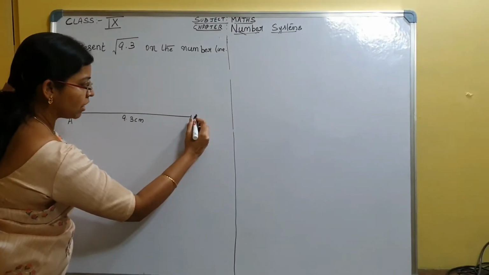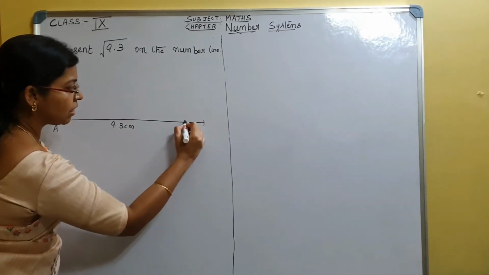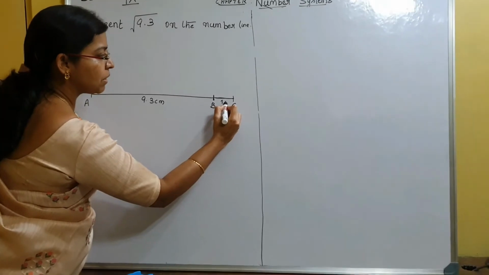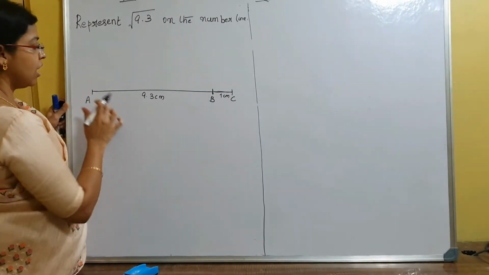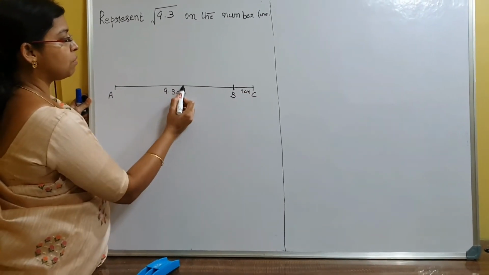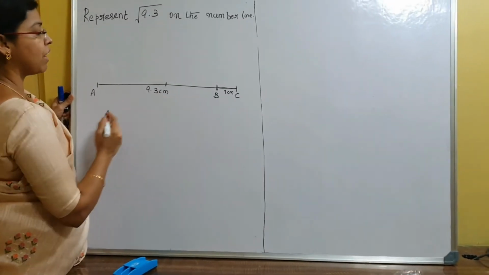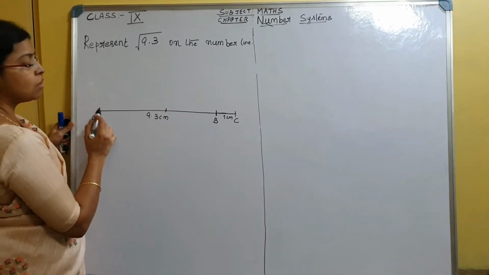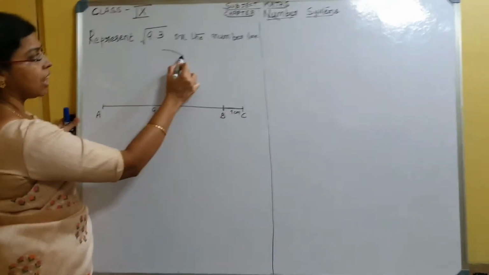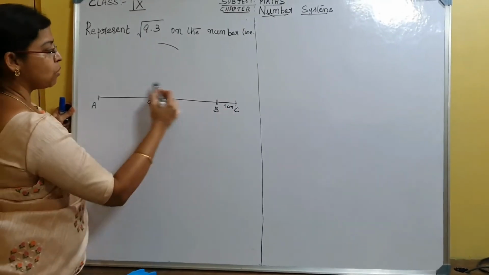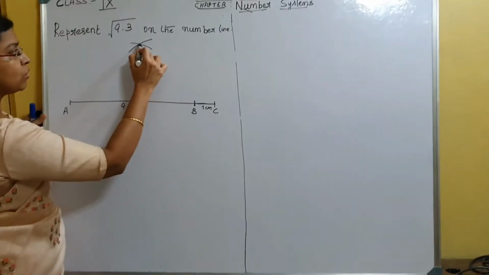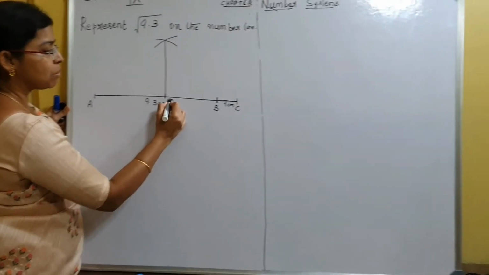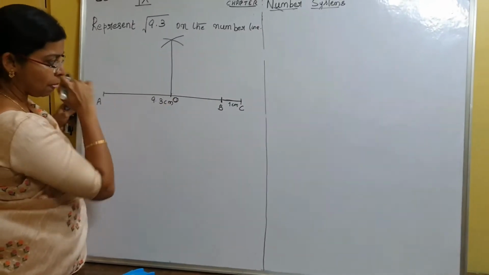From point B, take another 1 centimeter and mark it C. Now for AC, find the midpoint. How do we find the midpoint? With the compass, from point A measure more than half and cut an arc, and from point C, more than half, cut an arc. When you join, you will get the midpoint, and you can name it as O.